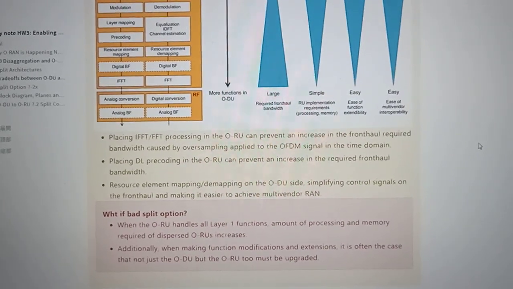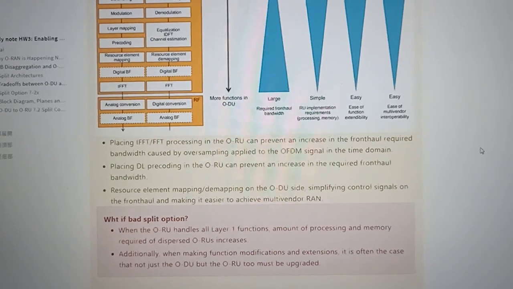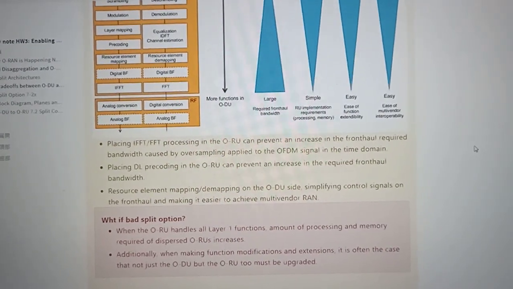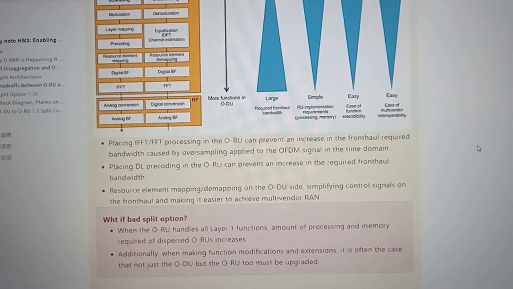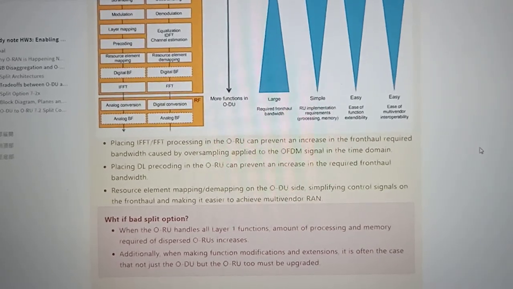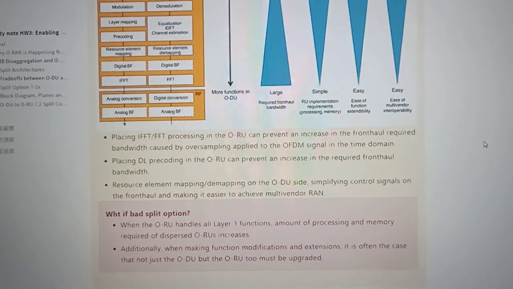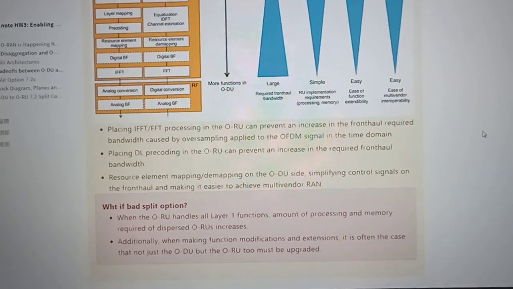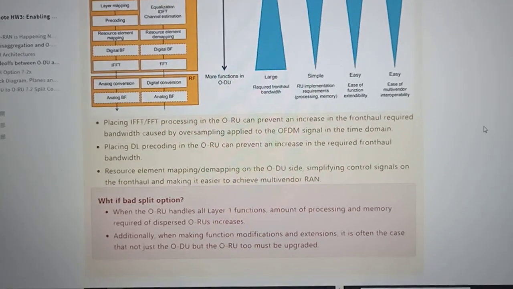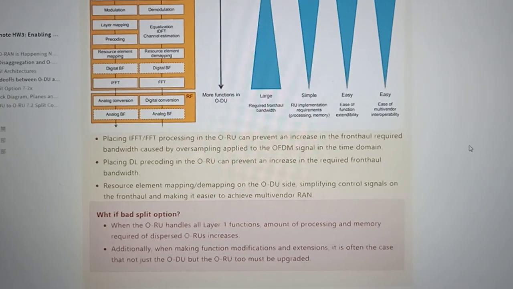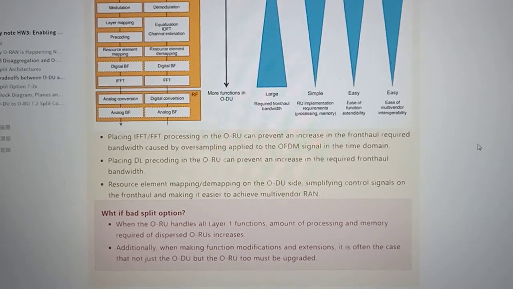So like placing IFFT or placing the downlink precoding in the O-RU, this will help to efficiently transmit the data.